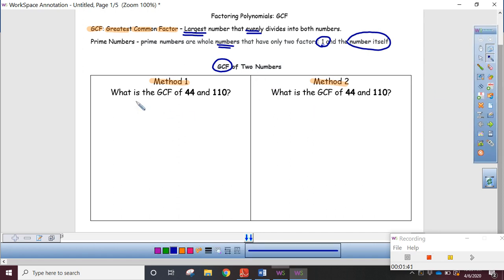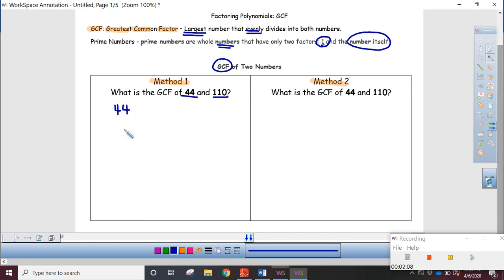Let's look at the example using method 1. The question says, what is the GCF, also known as the greatest common factor, of 44 and 110? Let's find our greatest common factor of 44 and 110 using the method very similar to the one on Edgenuity. I'll start with 44.